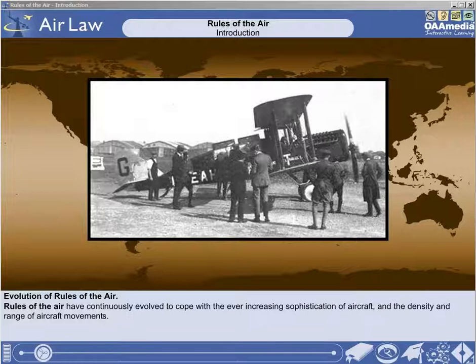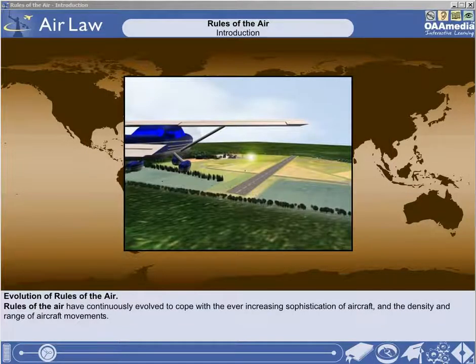In the very early days of aviation, before the 1930s, few aircraft flew faster than 120 knots, and radio telephony communication between air and ground was a rarity. So many of the more basic rules of the air, which still apply nowadays, such as those dealing with landing priority and collision avoidance, were established to promote orderly and safe flight for non-radio air traffic, flying under visual flight rules in accordance with the principle of see and be seen.